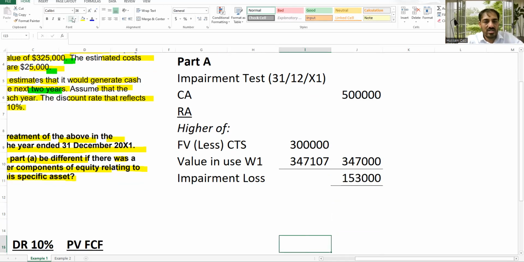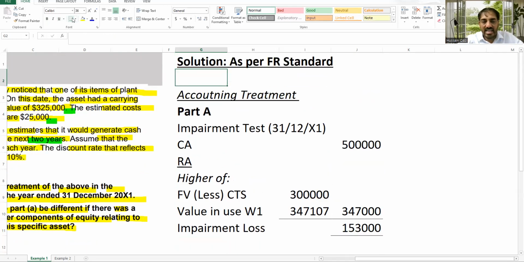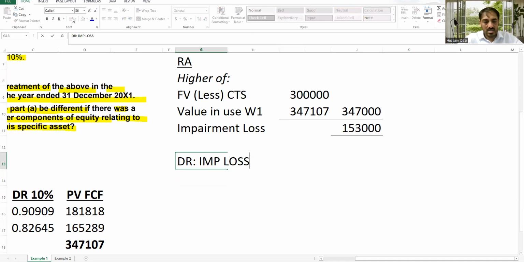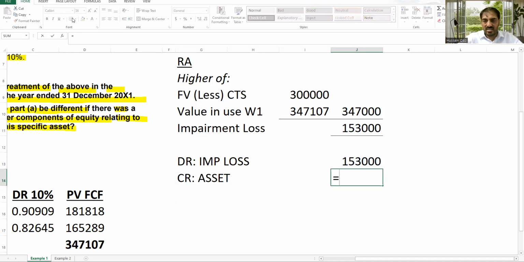That's 153,000. You will mention that, sir, this is the impairment loss and we have to make a debit: impairment loss 153,000, and the credit to the asset value, the non-current asset, the same amount.